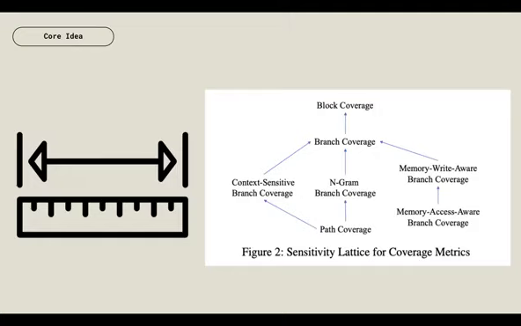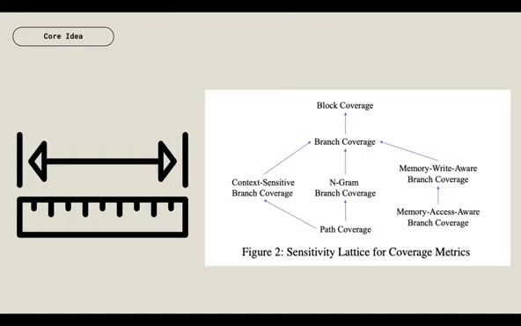Sensitivity refers to how easily a metric detects differences in execution. And so a highly sensitive metric will treat small changes in behavior as new information, while sparsity refers to how often metrics produce new signals. So sparse metrics produce new signals rarely, which can cause exploration to slow down.